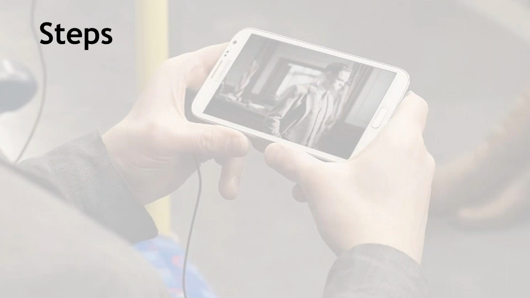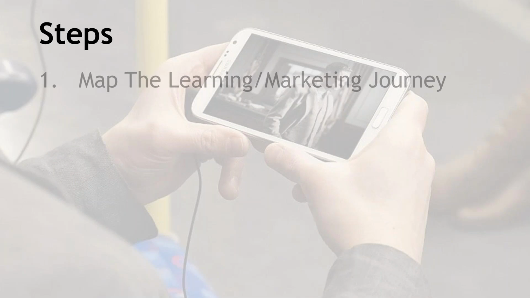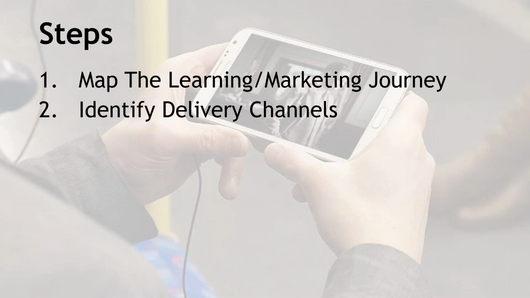So the steps that we're going to take for creating a video action plan include mapping the learning journey. Now, most of you have this down to where you understand exactly all the various touch points along the way that your students will go through as they gain that knowledge. We need to identify the delivery channels of our video. Again, this is very dynamic.